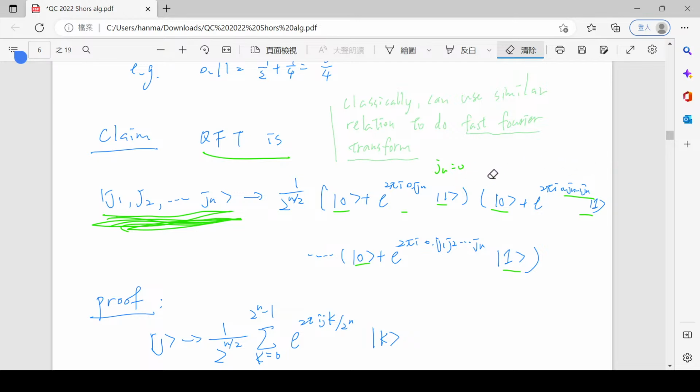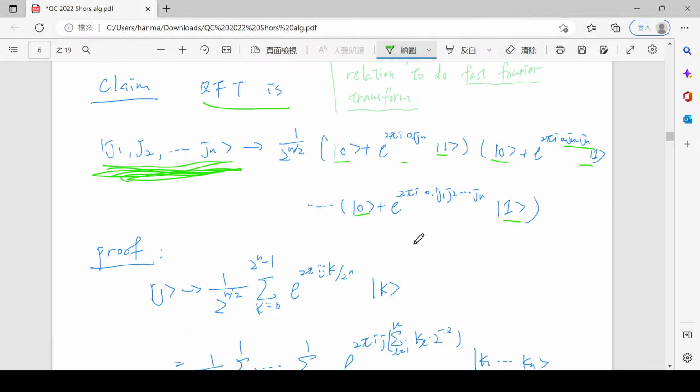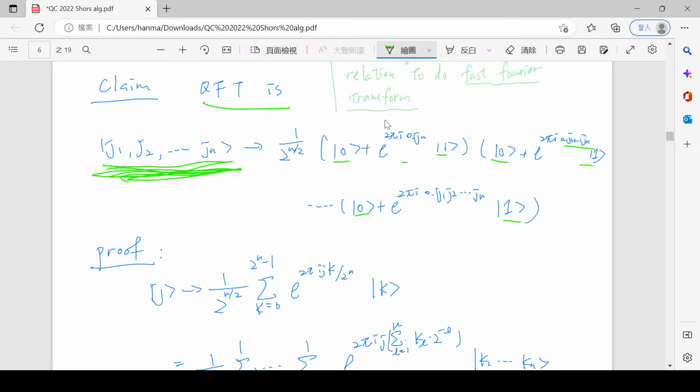We'll see next time that this expression is true, and that all these things equal what we had before. The 2 to the n over 2 factor is just 1 over square root of N, as before.